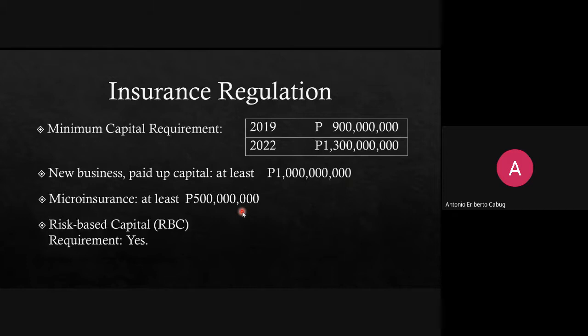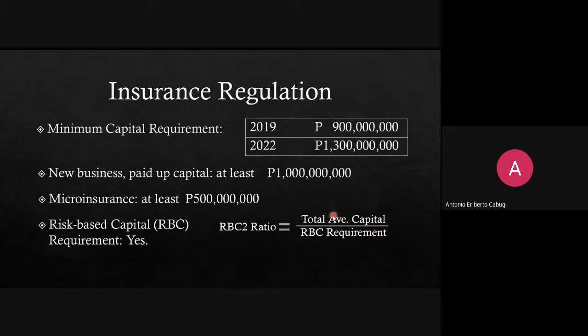There is a risk-based capital requirement, very much similar in the way we manage risk for banks. We call this the RBC ratio. Now, this is the second version, RBC2 ratio. The RBC2 ratio is the total available capital, which includes both Tier 1 and Tier 2.